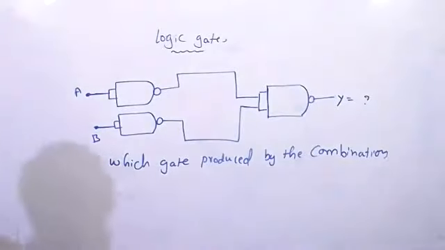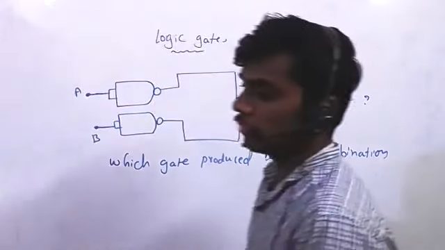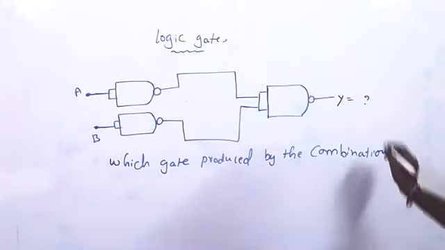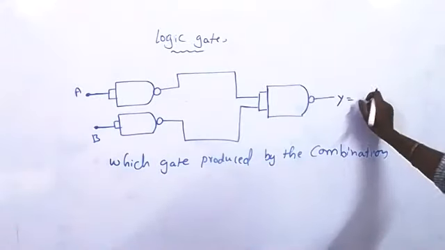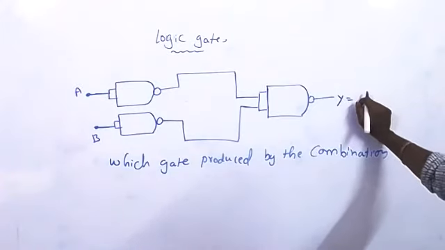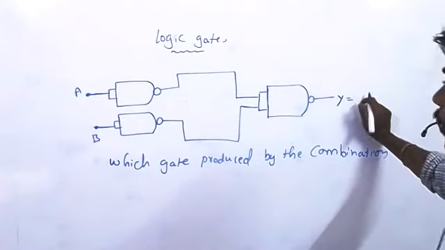Which gate will you get, by seeing the diagram? OR gate, sir. Which one, ma? What is the result? A plus B, sir. Yes, ma.